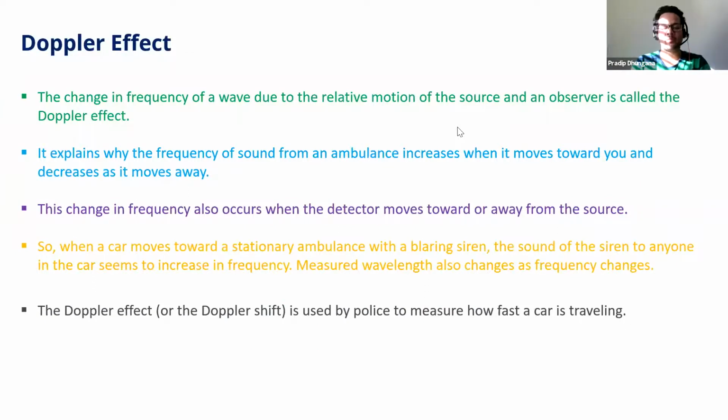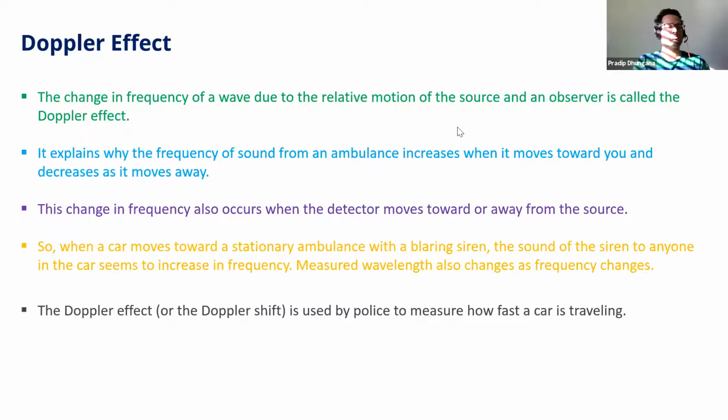Now let's talk a little bit about the Doppler effect, and then we'll jump to the mastery test review. Let me give you one example.